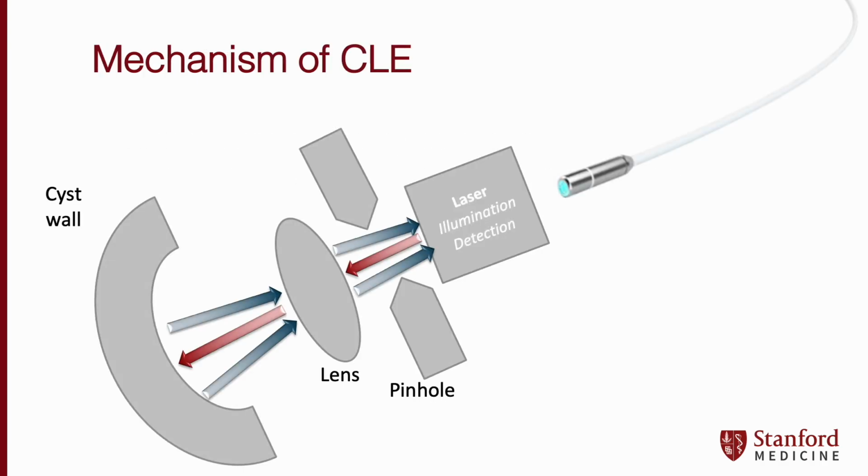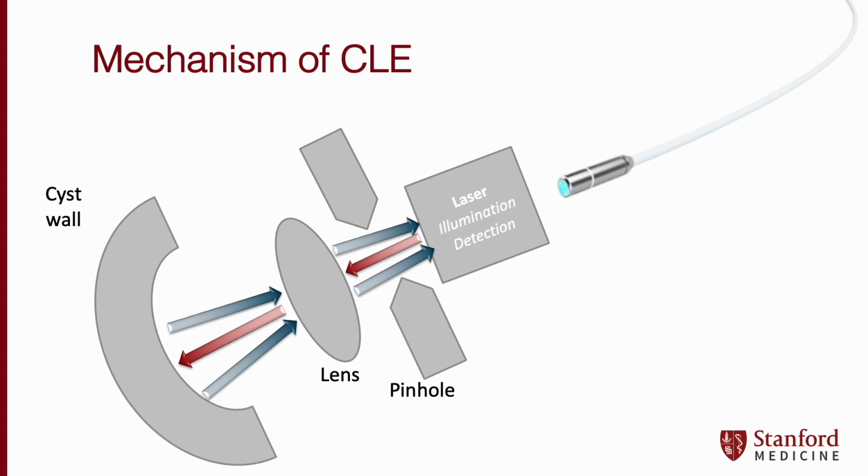So this is the mini probe that's used during endomicroscopy. It has about 10,000 optical fibers. In fact, to concentrate this into a probe that can go through a 22-gauge needle is really a great achievement. Currently, this probe goes through the 19-gauge needle that we feed the probe through, and it emits laser light that goes through this lens that concentrates the light onto the surface of the cyst wall.